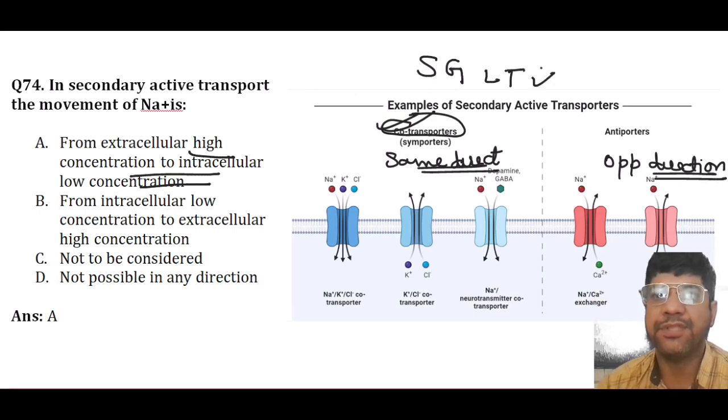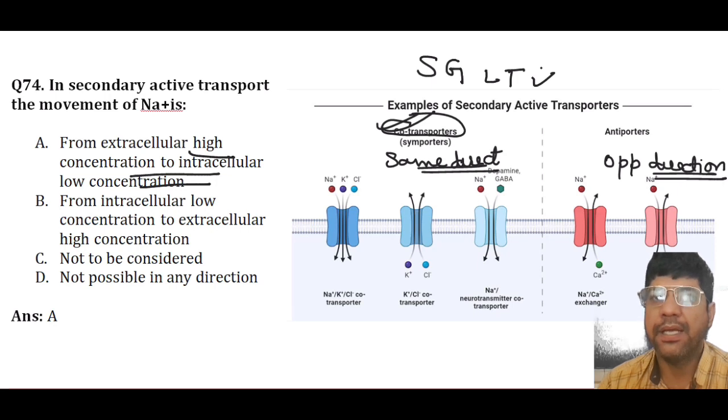It is responsible for the reabsorption of glucose from urine back into the bloodstream. In the extracellular fluid, there is high concentration of sodium due to the primary active transport by the sodium potassium pump. So SGLT will bind both the sodium and glucose on the luminal side of the renal tubules.